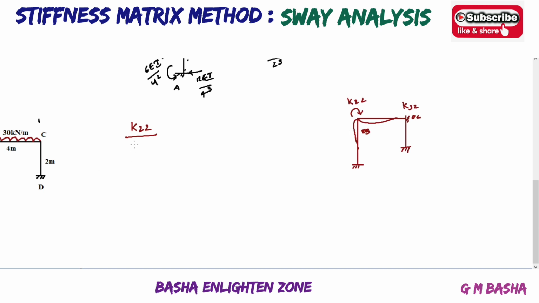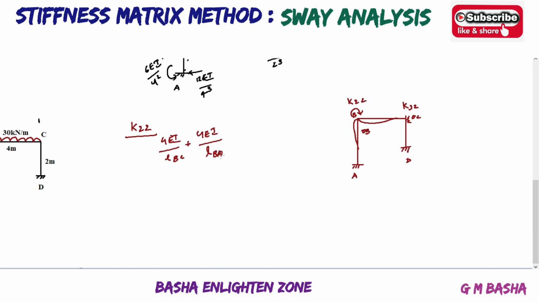See here, what about this K22? K22 will be equal to combination 4EI by, this is B, this is C, this is A, this is D, 4EI by LBC plus 4EI by LBA. So this part. So sum of the moments at that particular joint, the unit force, that is 4EI by LBC plus 4EI by LBA.